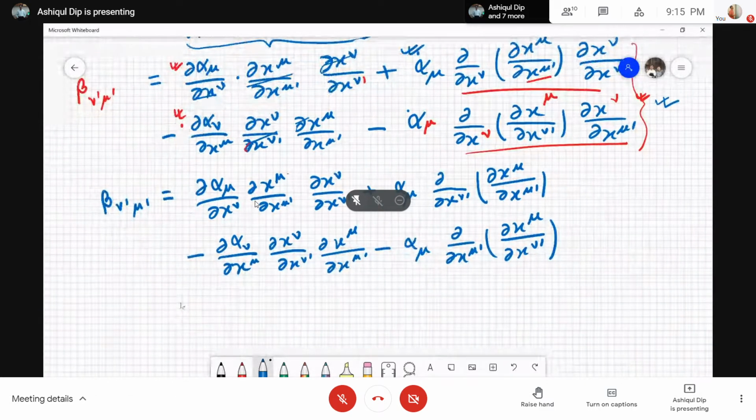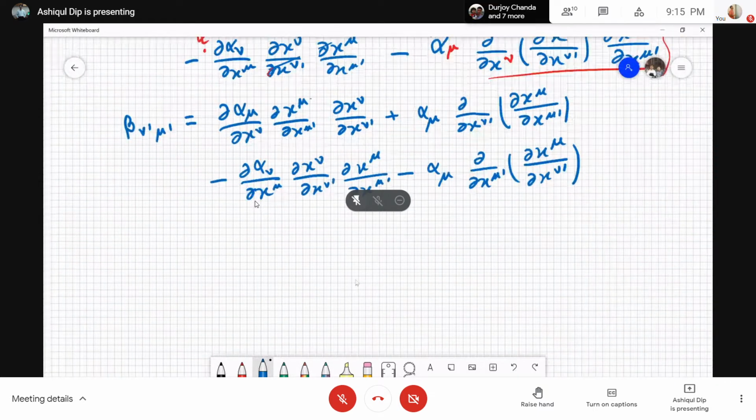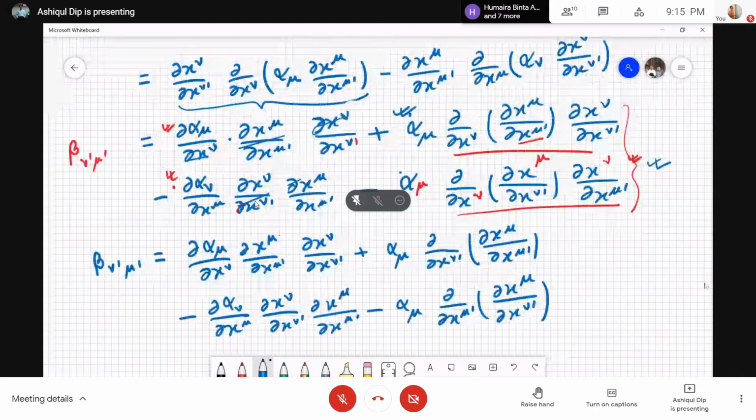So the problem is, it's even apparent from this line that these last two terms cancel out, but I wasn't able to see. The thing is, we expanded everything using the chain rule, right? So we can recollect the chain rules for these terms. So we have delta alpha x nu, and here also we have delta alpha x nu by delta x nu prime. If you collect those two terms, you can write it as a derivative with respect to delta x nu prime, right?